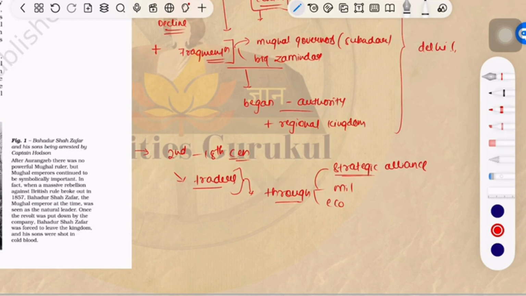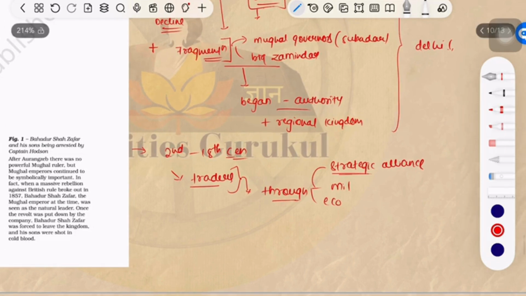See, their strategy was very strong, and they even indulged in internal conflicts of Indian rulers also. In everything, their motive was simple: how to gain more authority in Indian politics.